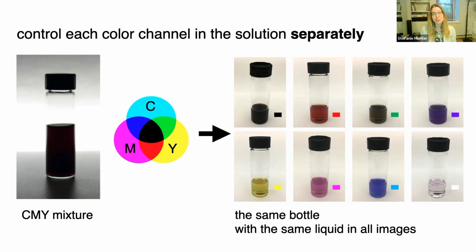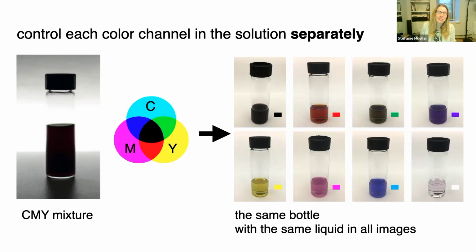So basically what we do is we take this bottle with the CMY mixture, which is black, and we selectively turn either the cyan, magenta, or the yellow channel transparent up to a certain degree to achieve the different colors. So this is how on the right side, you can have the single bottle with the single liquid, but the liquid can turn into all these different color shades.